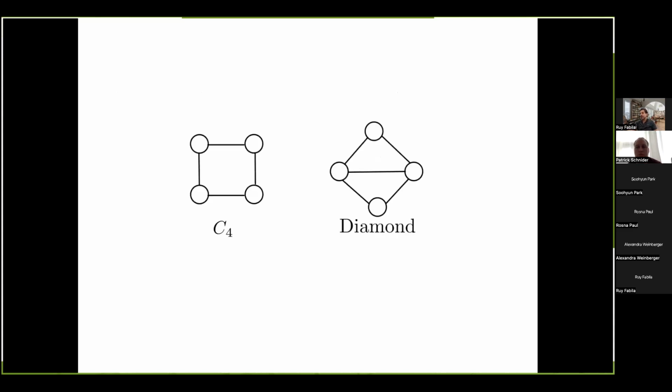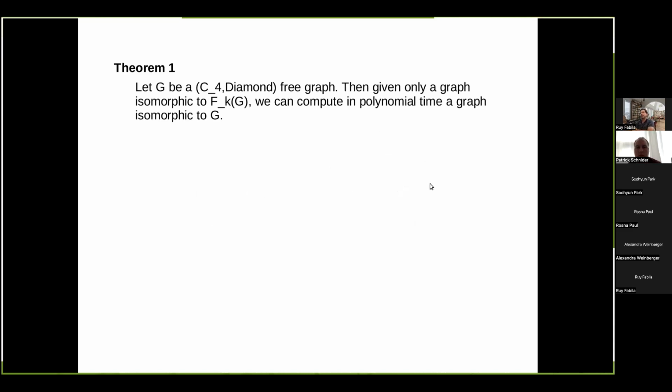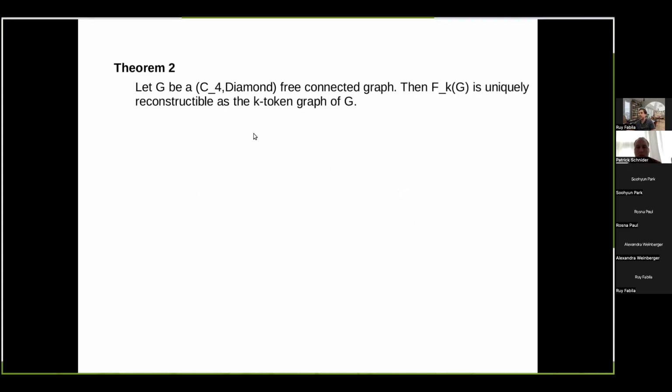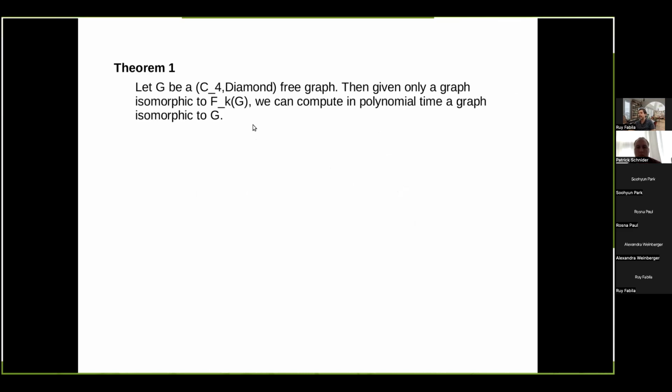So now what else were we able to prove is the following. C4 is the cycle of length 4, and this is the diamond. It's just a 4 cycle with a diagonal, and we were able to prove that if G is a connected, I missed here, sorry, I should have said connected, C4 diamond-free graph, that means that it doesn't contain C4 or a diamond as an induced subgraph.